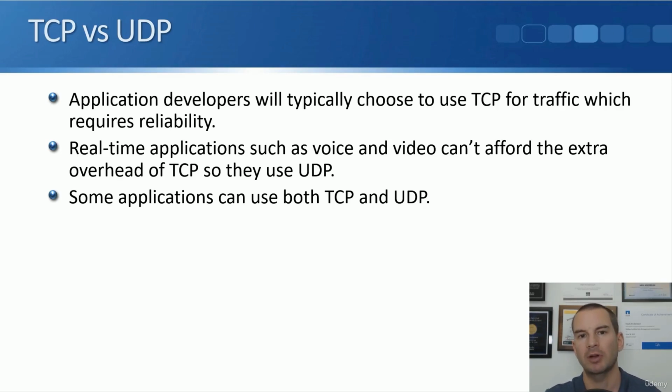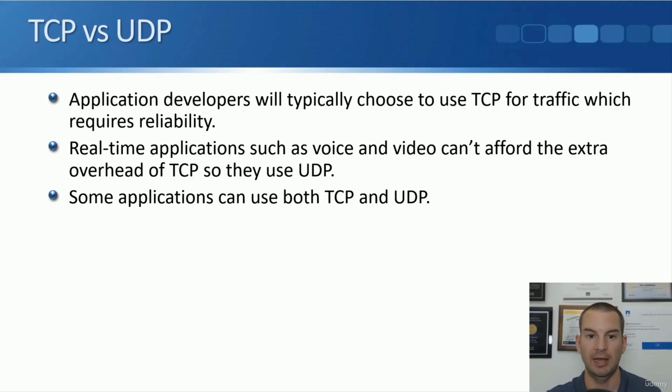So for real-time traffic that's sensitive to delay, we'll usually use UDP. For other applications, we'll use TCP. And because there are a lot more other applications than voice and video, TCP is the most commonly used layer 4 transport. There are some applications that can use both TCP and UDP as well.